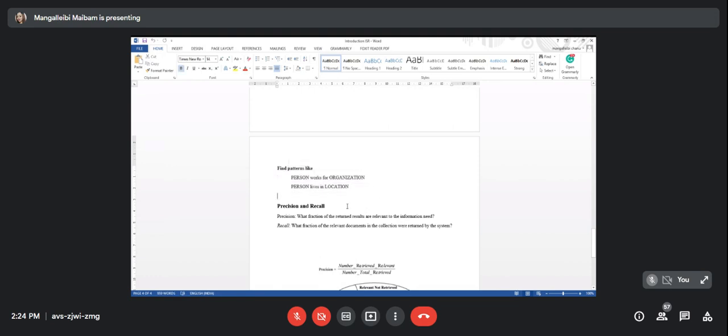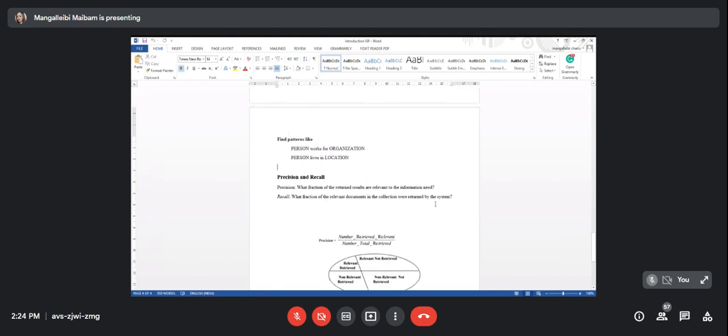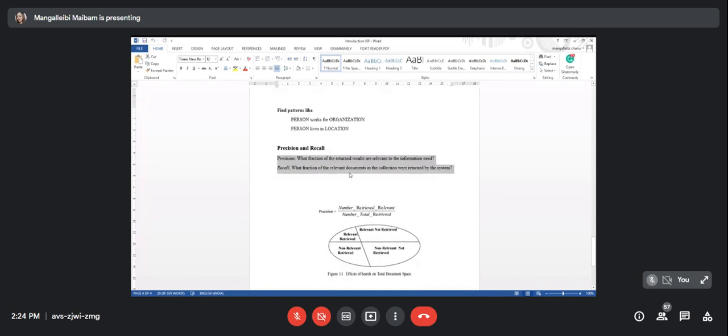Precision and recall, we will do in the next chapter. The calculations will be there. Precision means what fraction of the returned results are relevant to the information need. The information you retrieve, we are going to check how relevant it is to what the user wants.